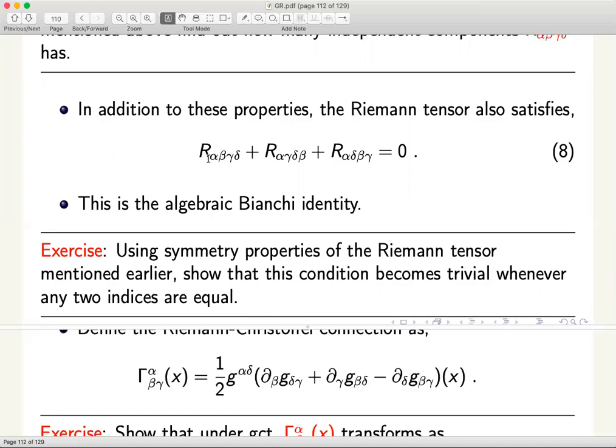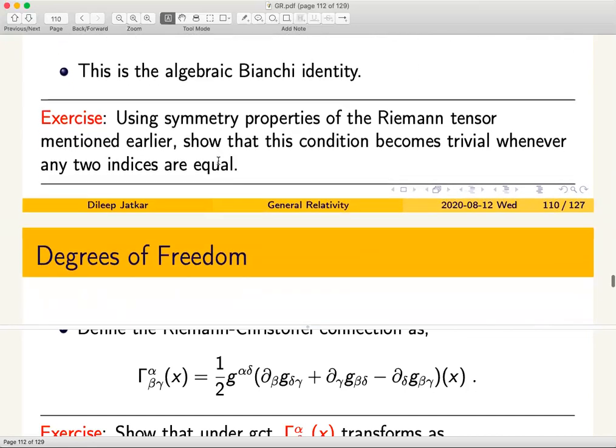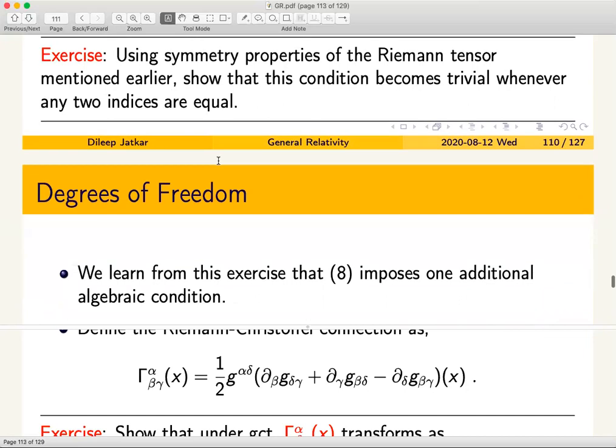If alpha is equal to 1, then beta can take only one of the 3 values. Suppose you set beta equals 2, then gamma can take only one of the 2 values, and so on. So this is essentially a single equation. One component is actually being looked at, and therefore this algebraic Bianchi identity is actually just one additional algebraic constraint.